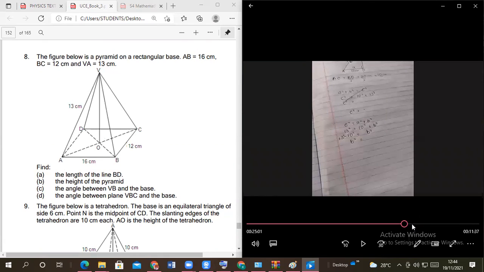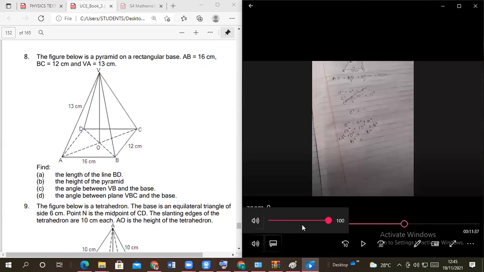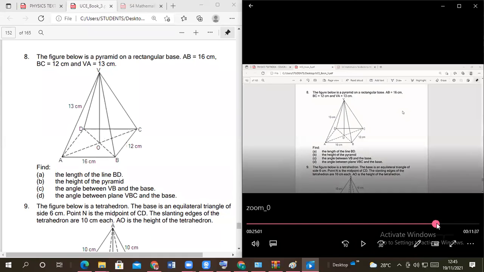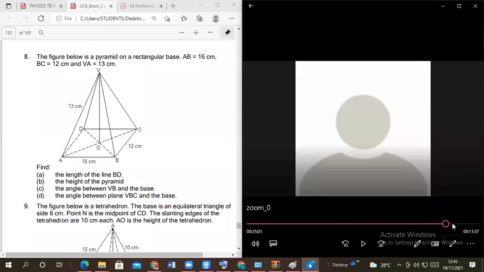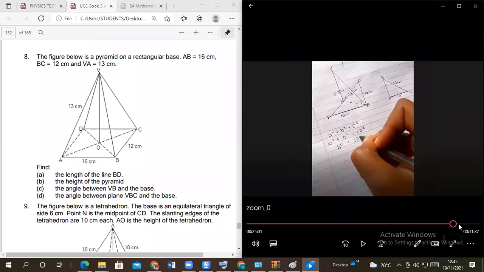I was confused there. Was it 15.6 degrees? No, it was 51. 51 point? 51.6 degrees. Okay, 51.6 degrees.